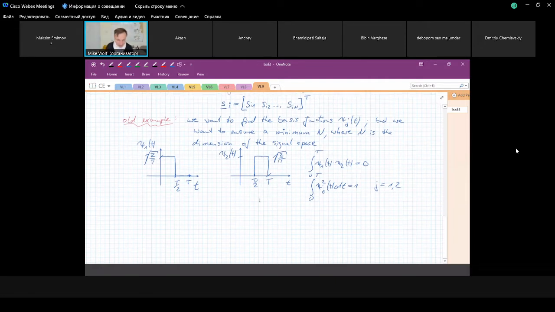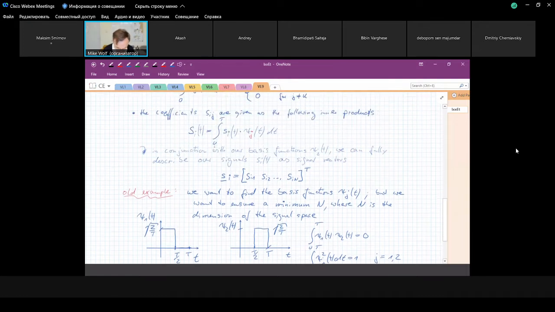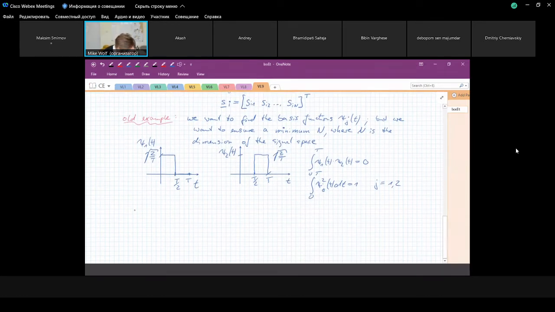And now the question is, how do we have to weight our signals in order to obtain our original signals? And this is by means of this inner product. So we need to calculate S11, the coefficient which describes the first component of the first signal vector, and it is just this integral. So S1 of t times psi1 of t dt.